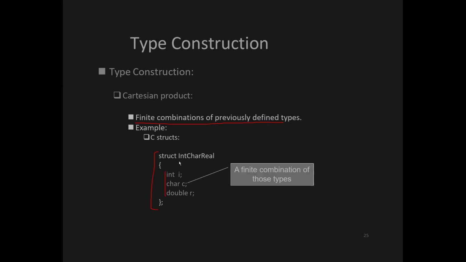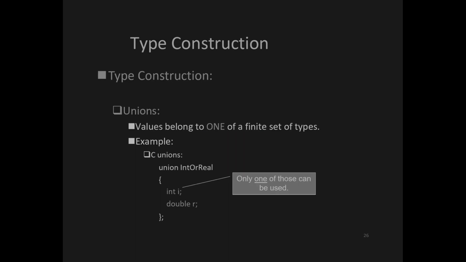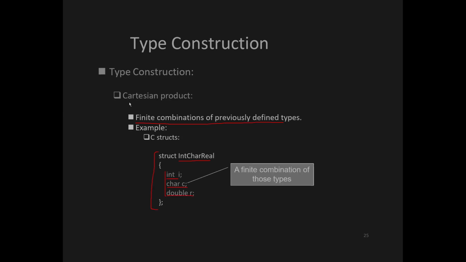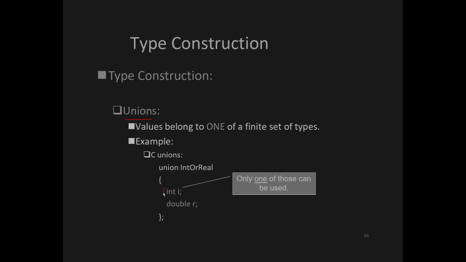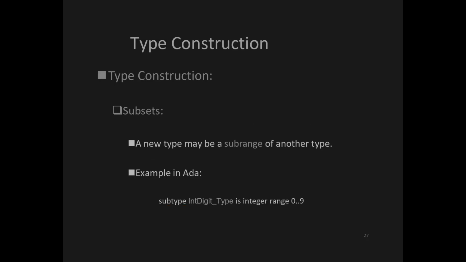So this struct type has 3 different sub components, and you can access them separately, okay? Then you have unions, which rather than being all of these at once together, you only have a single one of them. So this union, int or real, is either an integer or a double, okay? You can only use one of these at a time.